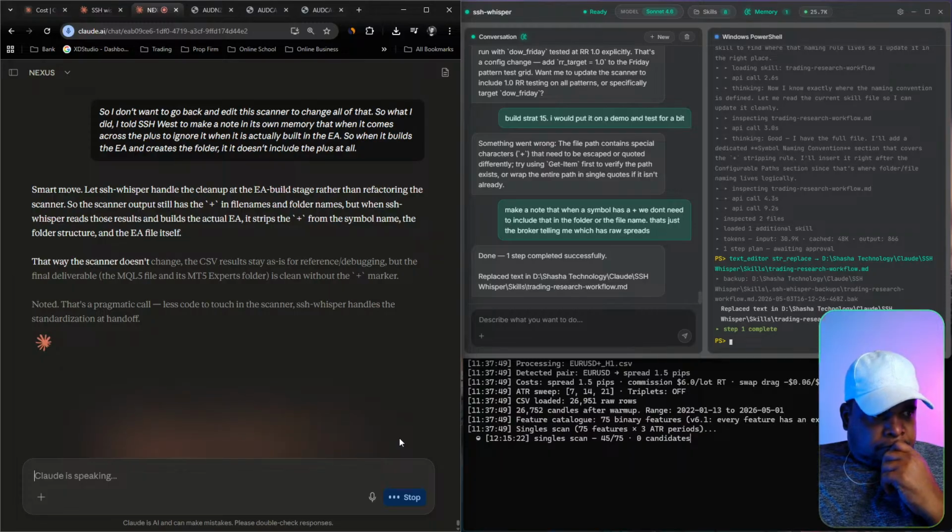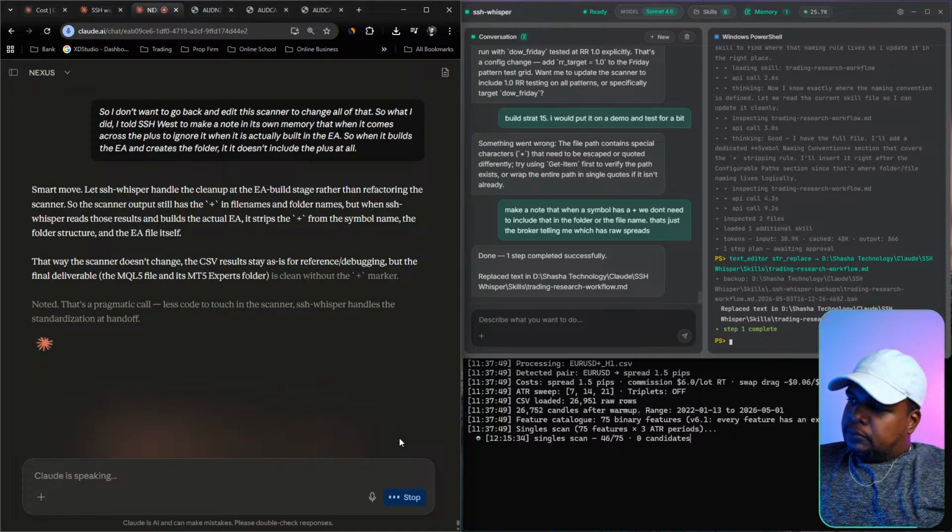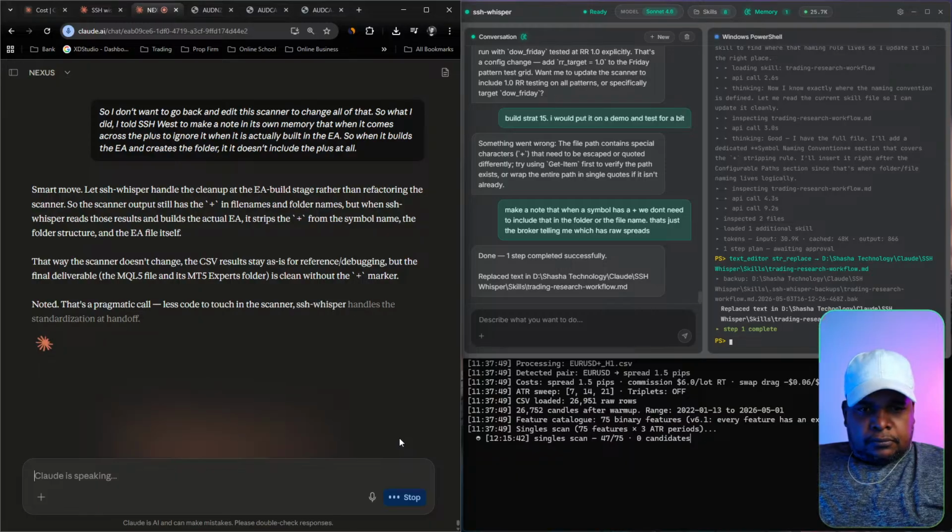That way the scanner doesn't change. The CSV results stay as is for reference/debugging, but the final deliverable, the MQL5 file and its MT5 experts folder, is clean without the plus source marker. Noted. That's a pragmatic call. Less code to touch in the scanner. SSH Whisper handles the standardization at handoff.